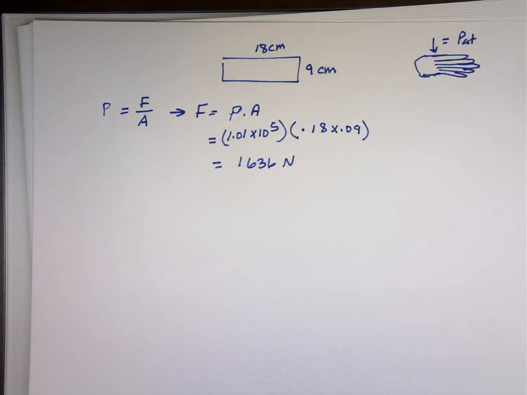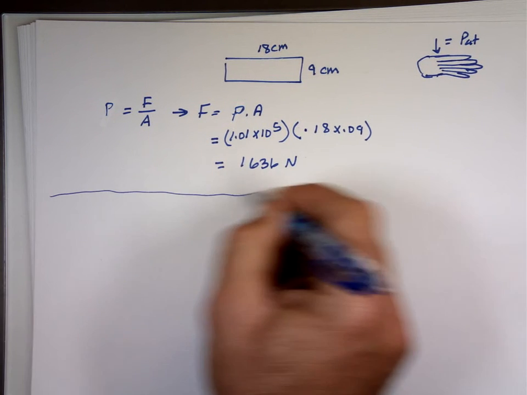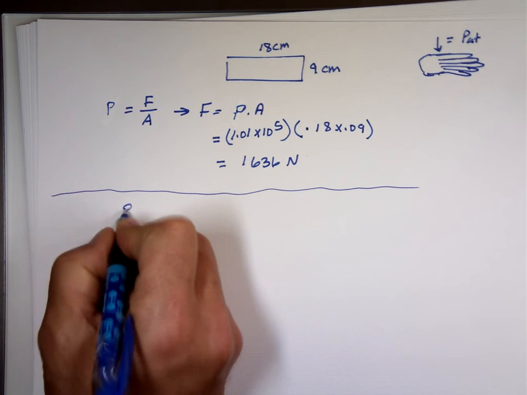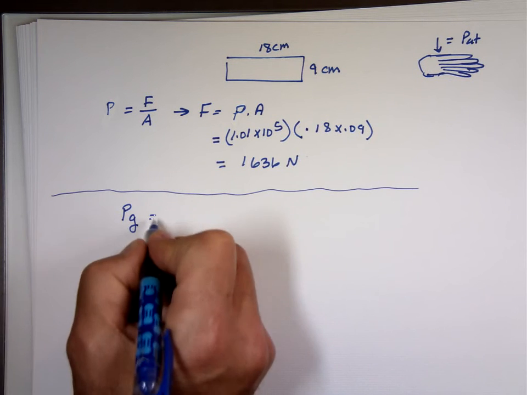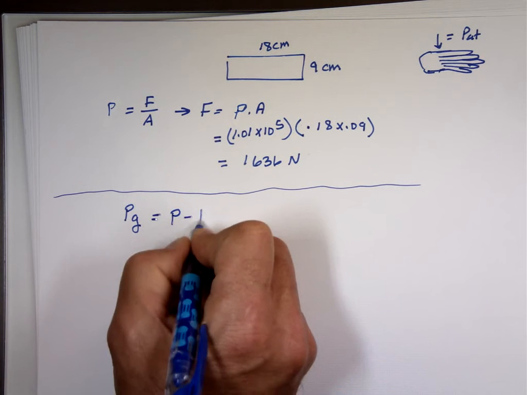Now, if you decide to put air in your tires, you say, let me put some air on it. That's a pressure gauge. We use the gauge for that. What it measures is actually the difference between the pressure and the atmosphere pressure. That's the gauge pressure.